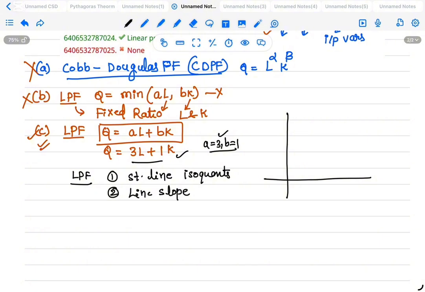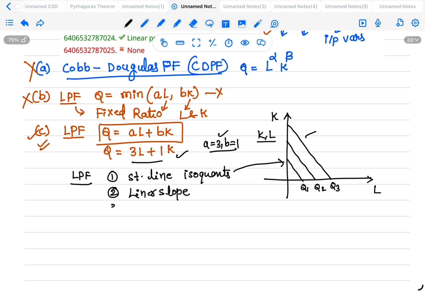In this graph, the x-axis represents labor and the y-axis represents capital K. For different output levels Q1, Q2, Q3, the isoquants are straight lines, which are combinations of different values of K and L inputs. So the isoquants are straight lines.